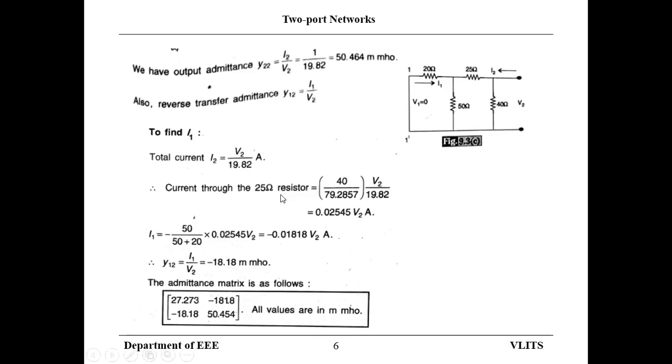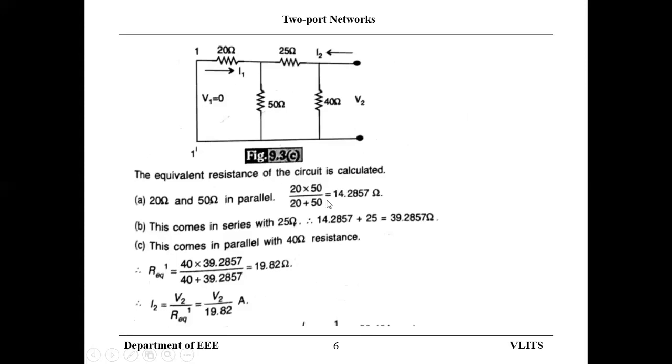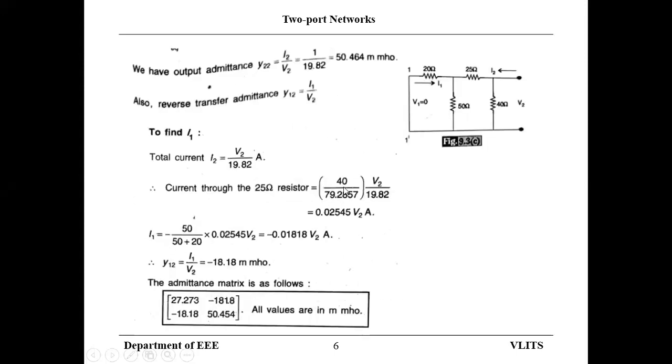First you have to find the current flowing through this 25 ohms resistor, so you have to find the equivalent resistance up to this 25 ohms resistor, which means the 20 and 50 are in parallel connection, and then the resultant is in series with the 25, like we have already found. Here we have taken 79.28.